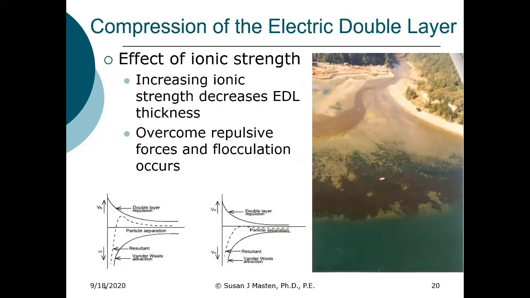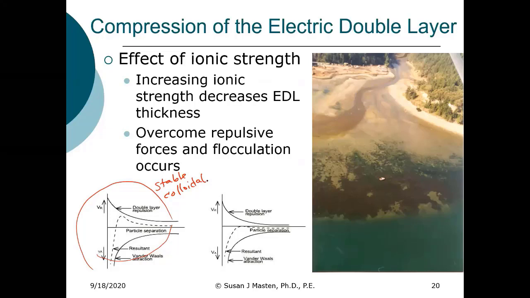And I've just basically said what's on this slide. And you can see here, and we've talked about this. So this is the situation in the freshwater where the repulsive forces predominate and you have a stable colloidal suspension.